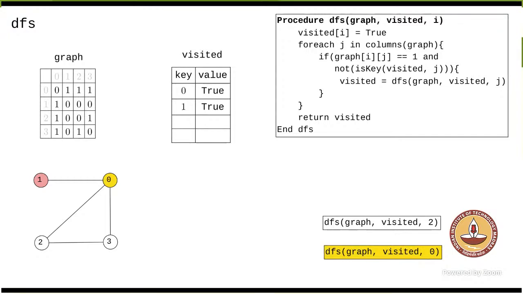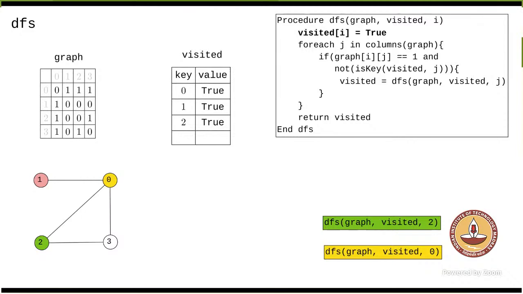Now, if I start executing DFS graph visited 2, it will make a key value pair for 2, and the value will be true for 2. Then it will go to each j in 2. It will check for 0 first, whether the value is 1 or not, which it is. And then it will check for that j, 0, whether the key is already present or not.